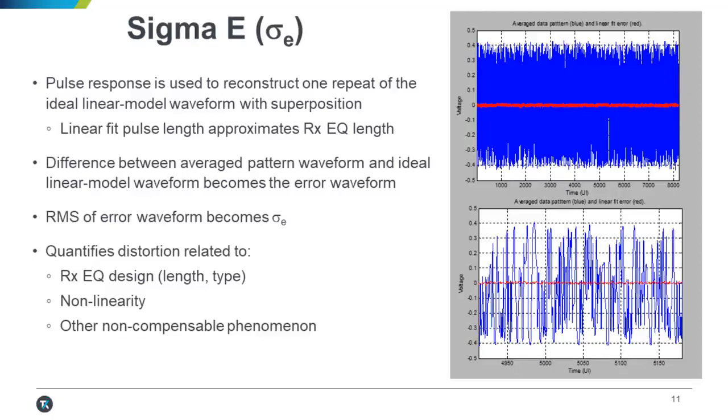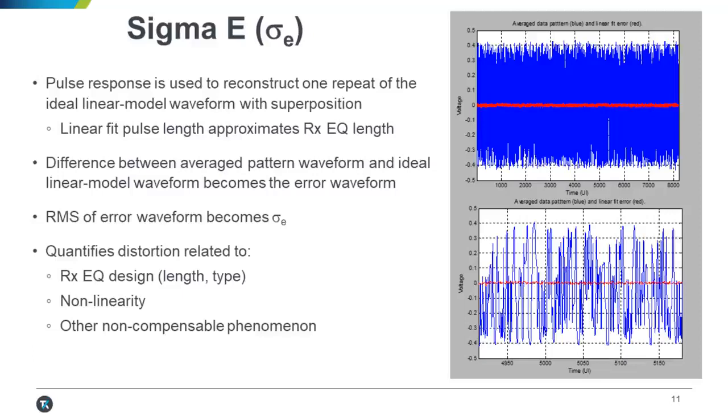You can see that in the bottom image here. This is really the non-compensable aspects of the signaling: non-linearities and limitations in the RX equalization, although we've tried to minimize that with the approach for PCIe.